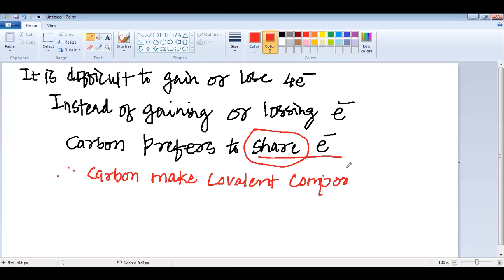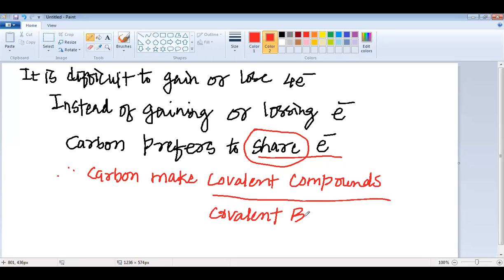Please remember that instead of losing or gaining electrons, carbon shares its electrons. Carbon makes covalent compounds or covalent bonds.